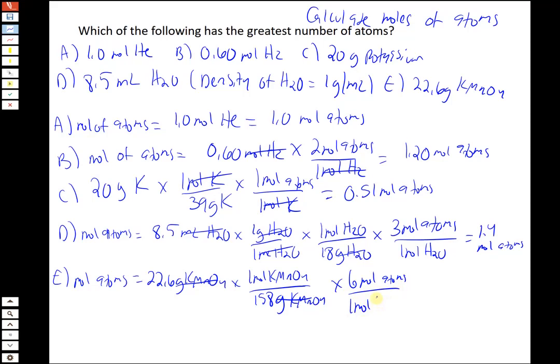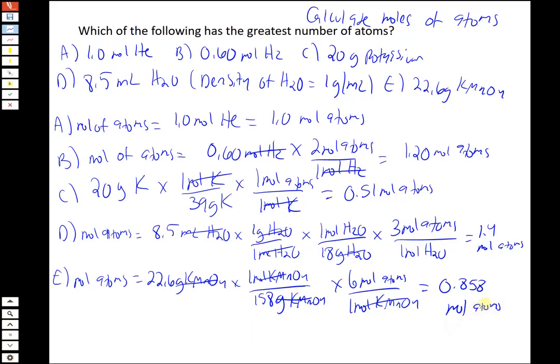So we have to multiply that by 6. We've seen that step now a few times in this assignment. And so what we get for that is still a smaller number, 0.86, if we're using sig figs correctly, 0.858 moles of atoms.